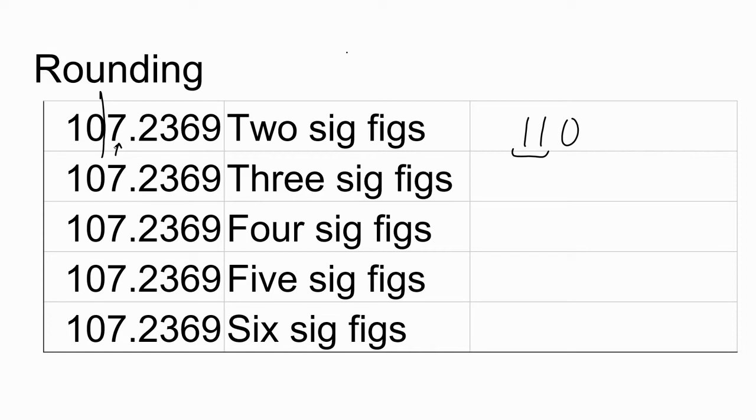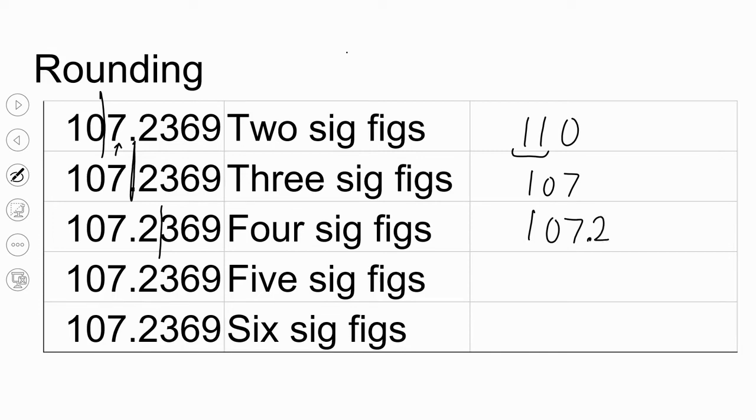Okay, so now let's go to this one. What if we say we need 3 significant digits? We want to keep 3 digits. We're going to look at this 2, and we're going to drop it. Good. Now we want 4. So we look at the 3. We're going to drop that 3. And this is 4 significant digits. Are you following?